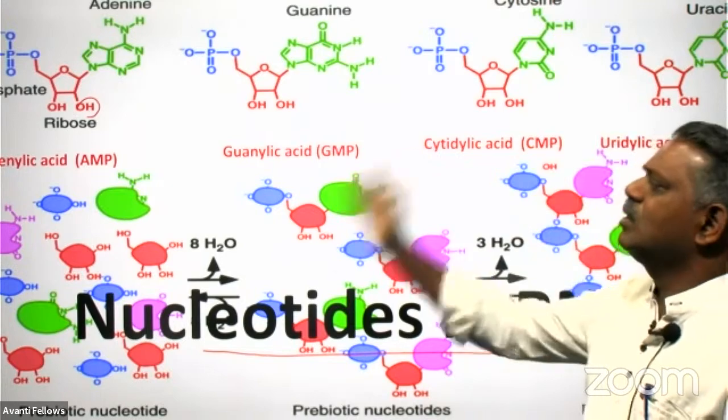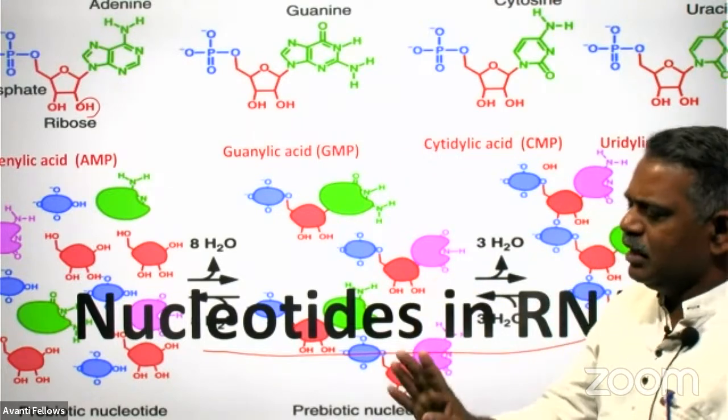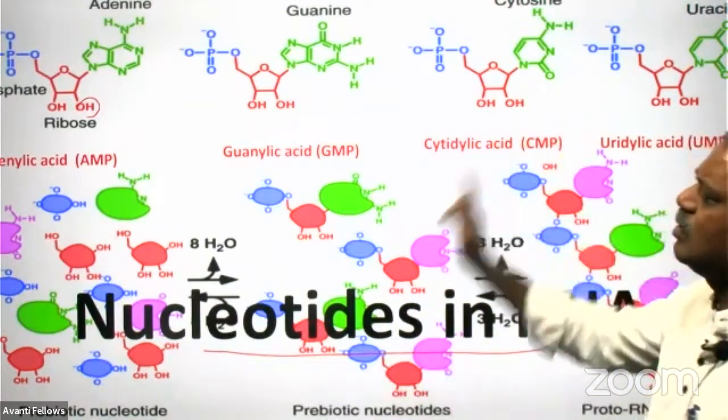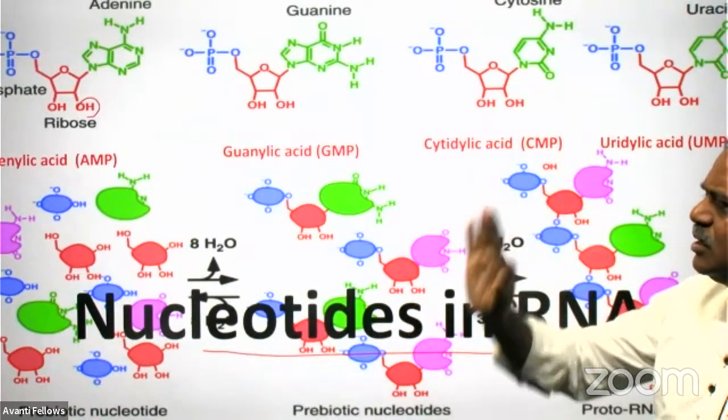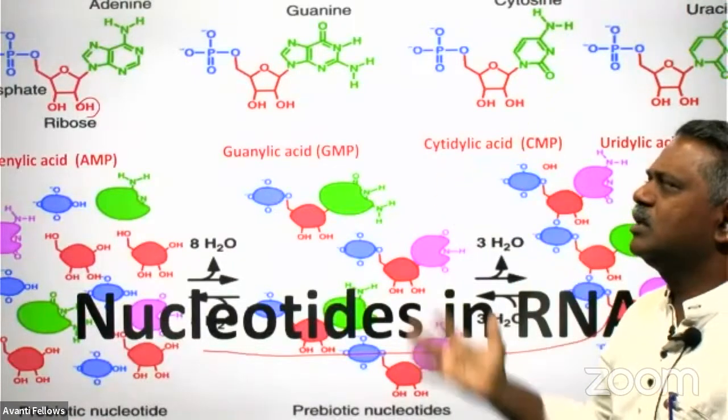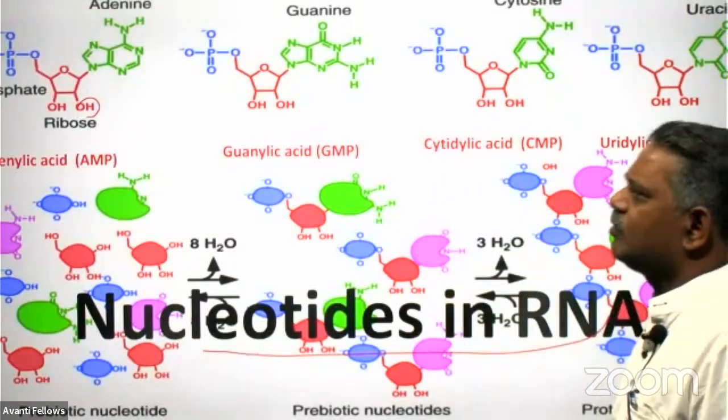These are the nucleotides. So a nucleotide includes three components, all present in the nucleotide: the pentose sugar, the nitrogenous base, and the phosphate molecule.